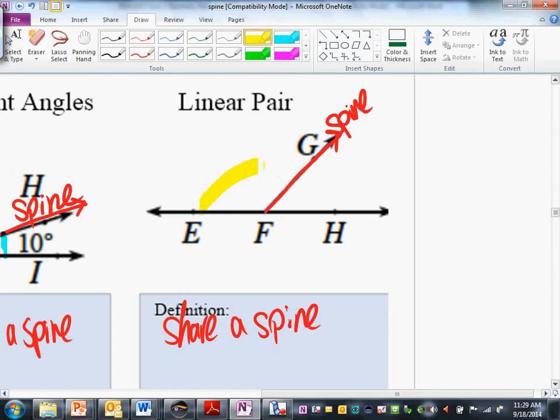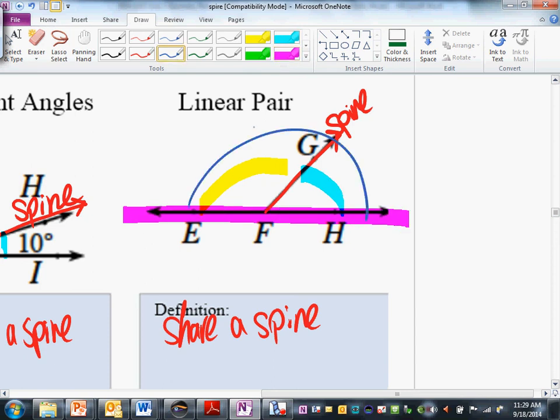They're automatically adjacent, but in addition to being adjacent, they make a straight line. Share a spine, make a line. That's a linear pair. Linear means line, pair means two.